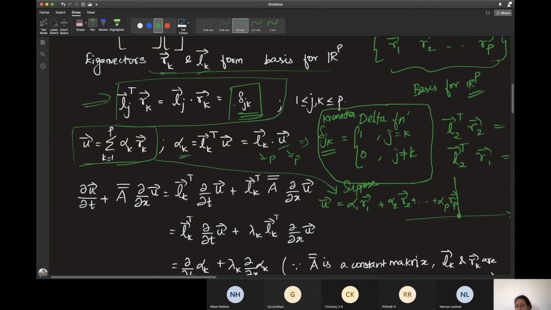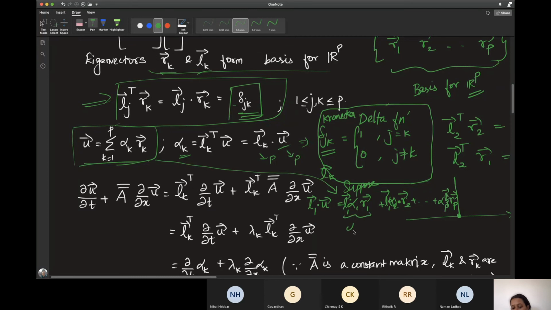Now to this, if I pre-multiply, I mean do a dot product with some Lk vector, let me say L1, and do the dot product with everything, this is a scalar.